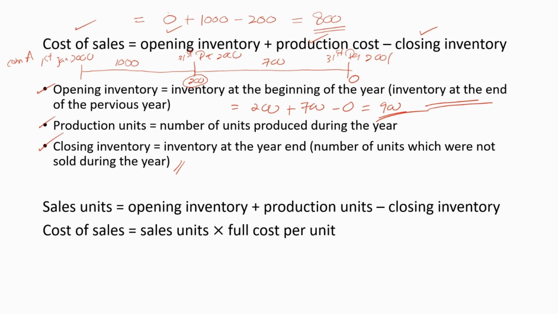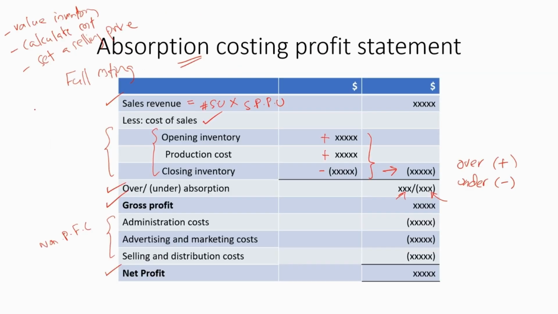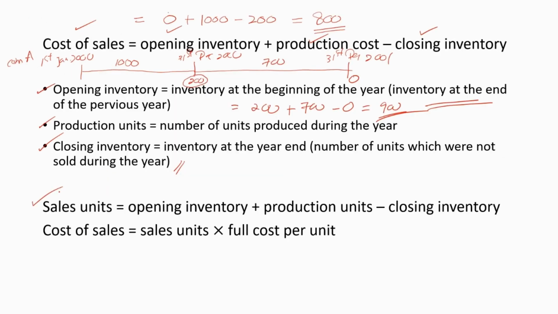This is really important because these figures are really important when it comes to calculating the net profit, because this whole section consists of opening inventory, production cost and closing inventory, which is known as the cost of sales. We just discussed this. This is the sales units.